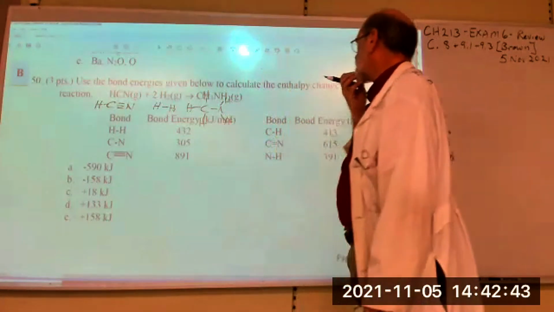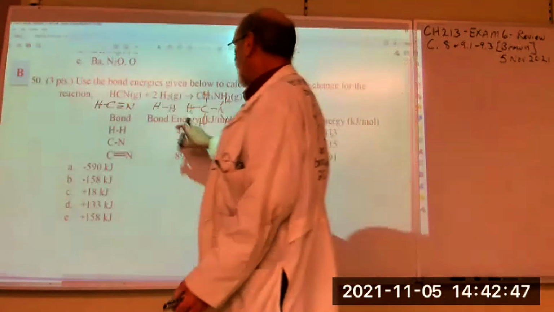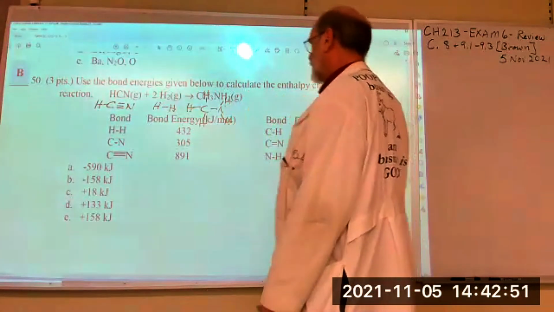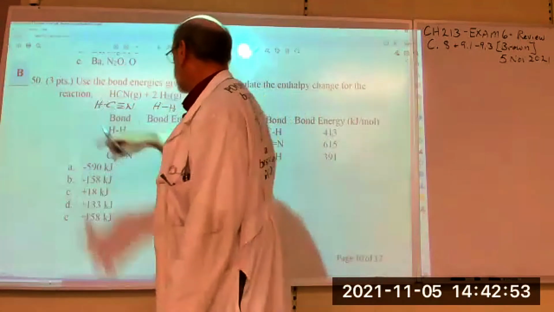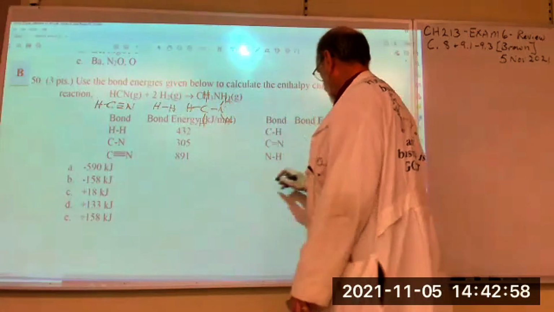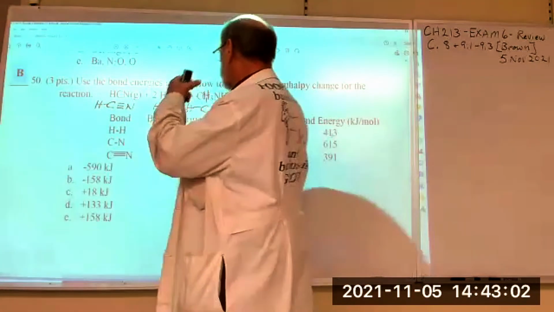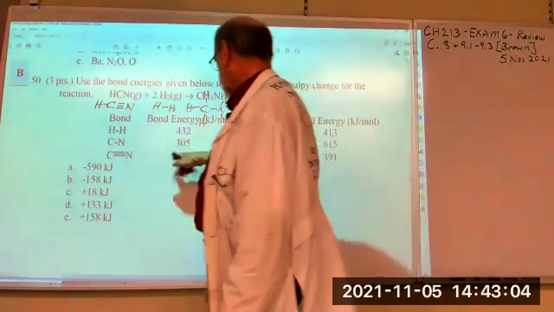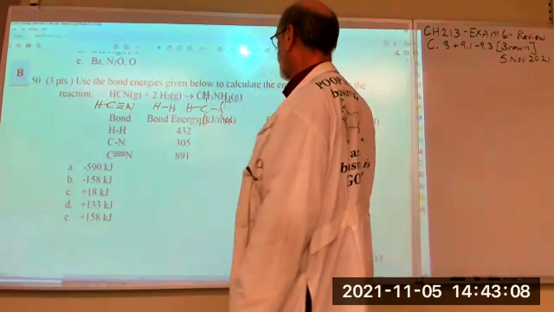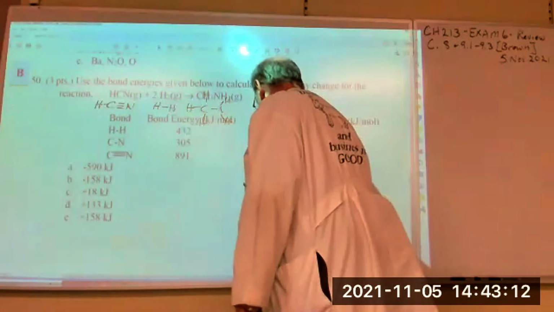Yeah, that's right. Okay, so what we need is add up these bonds and subtract these bonds. So what do we have here? We have a carbon hydrogen, 413. We've got a carbon triple nitrogen, 891. We have a hydrogen, 432.